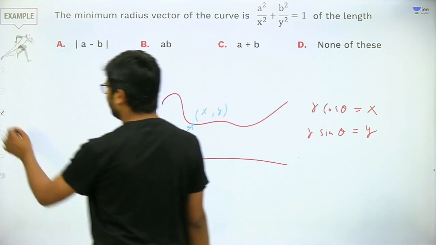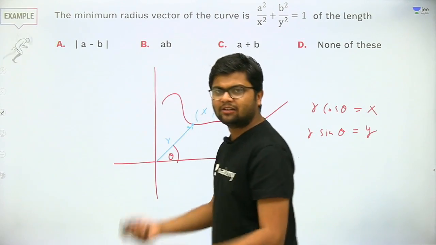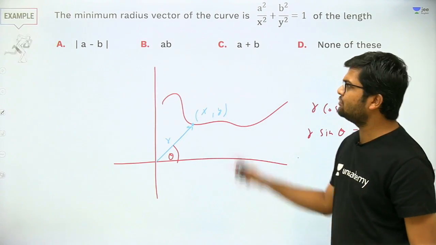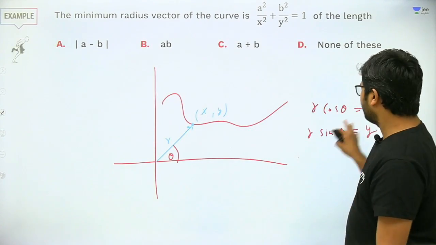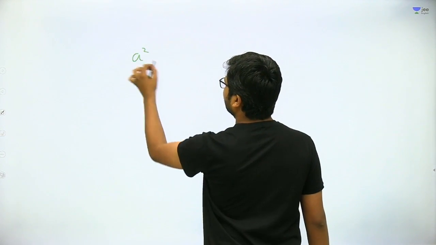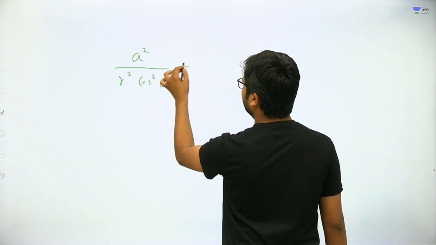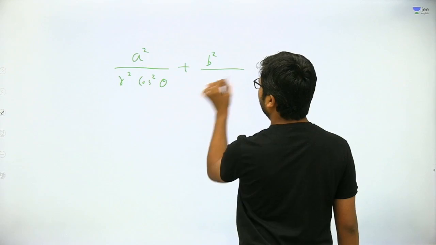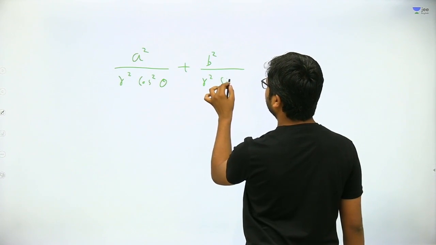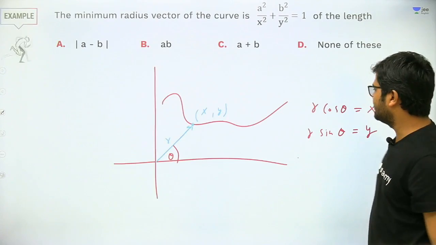So you substitute the value of x and y in this equation so that it can be converted in the parameter r, which we need to minimize. Substituting, it will come out to be a square upon r square cos square theta plus b square upon r square sin square theta is equal to 1. This is the fundamental situation.